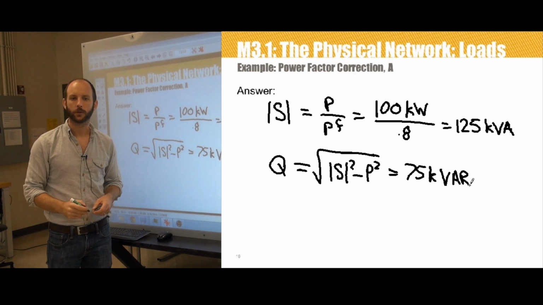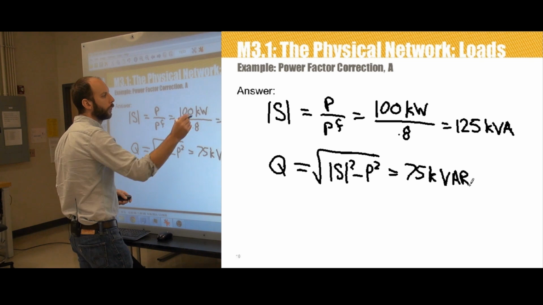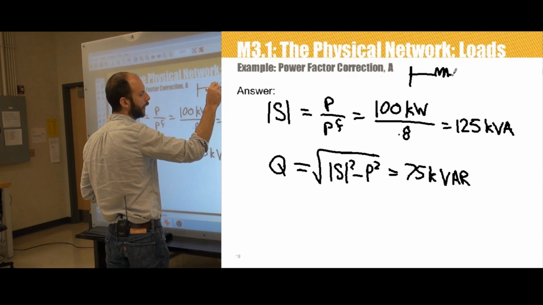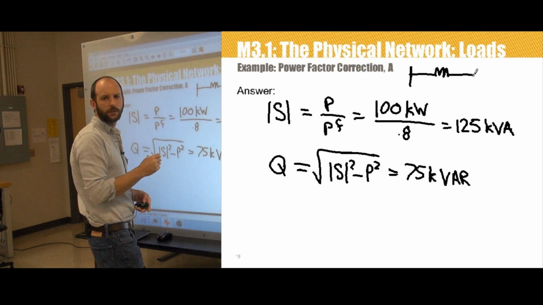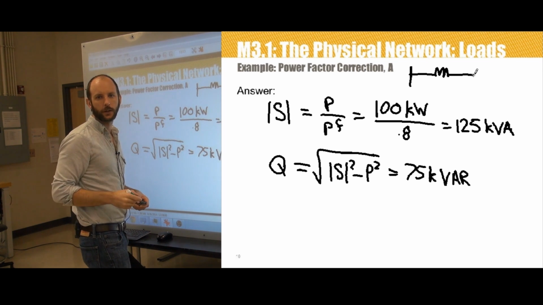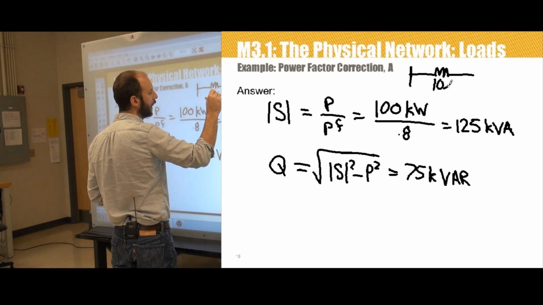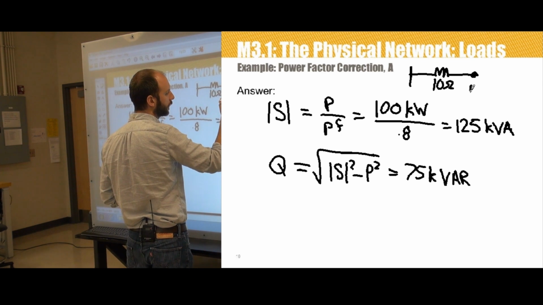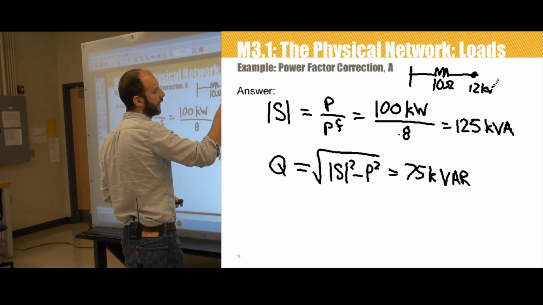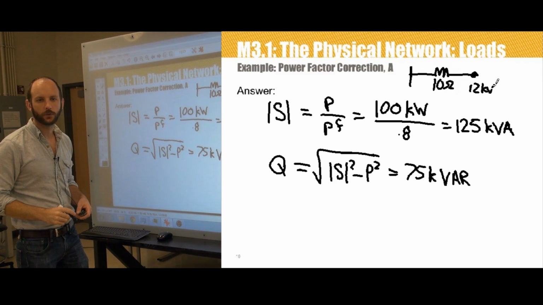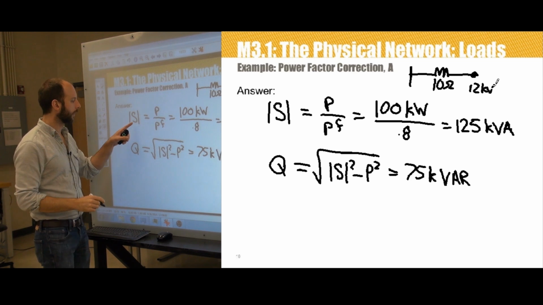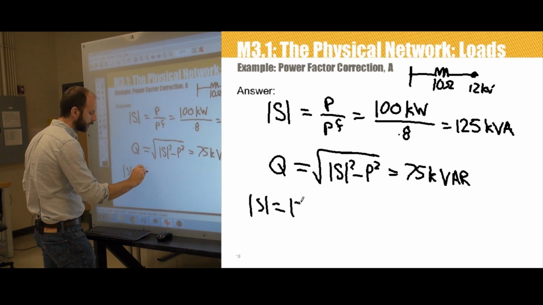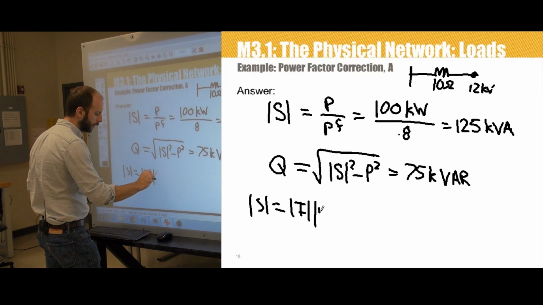What does that mean in terms of voltage and current? Well, what we've got here is some sort of distribution system. It's got, I believe it was 10 ohm, let me look at this. Yeah, 10 ohm resistance associated with it. And it was a 12 kilovolt distribution line. So what that is saying is that the voltage at the end of the distribution line is 12 kilovolts. So what we can do is say the magnitude of S is equal to the magnitude of the current times the magnitude of the voltage.